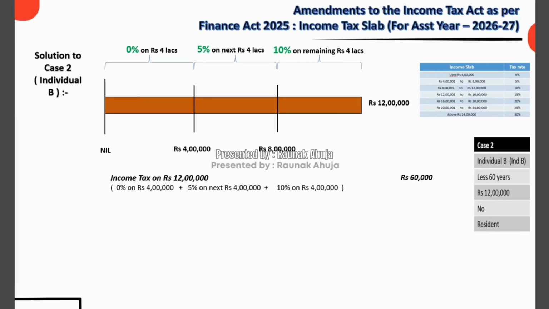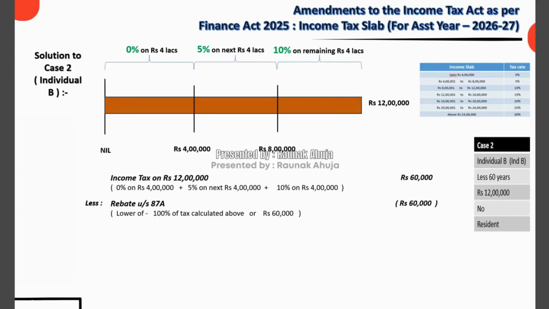Now, for rebate, we need to check if the individual is a resident. Yes, he is. Is the income up to rupees 12 lakhs? Yes, it is. So, the individual would be granted rebate under section 87A, which would be lower of 100% of tax calculated or 60,000.